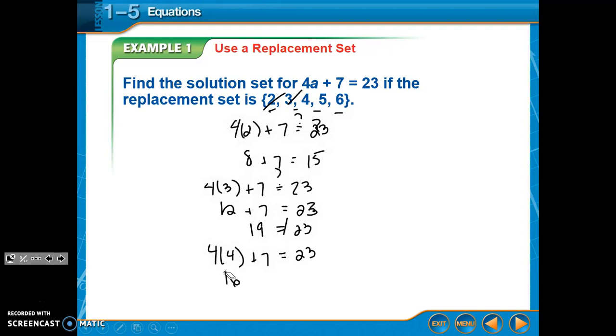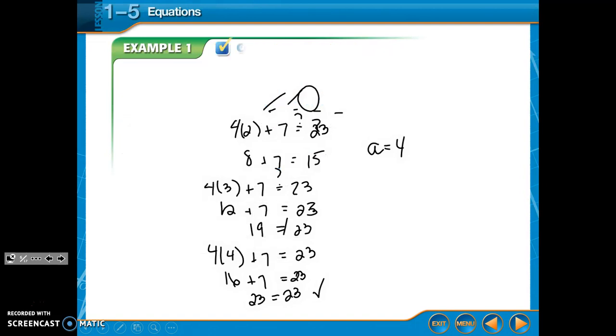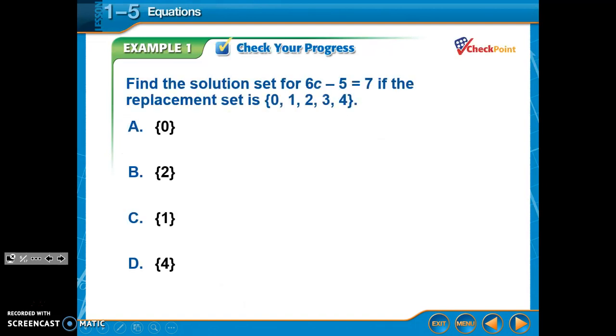I get 16 plus 7, which is 23, so I get 23 equals 23, and I say yes. So a equals 4, and 4 is my solution from this replacement set. You guys do this one to figure out which of those values is the solution.